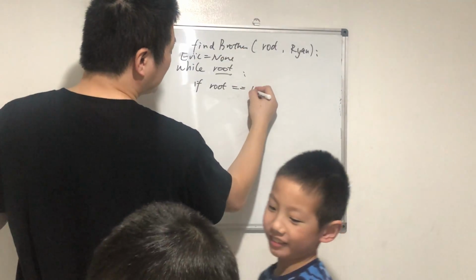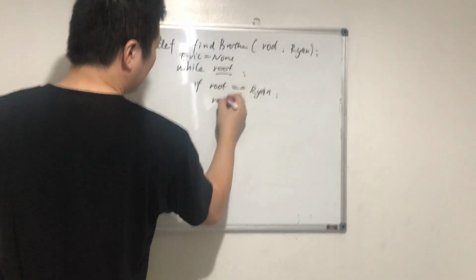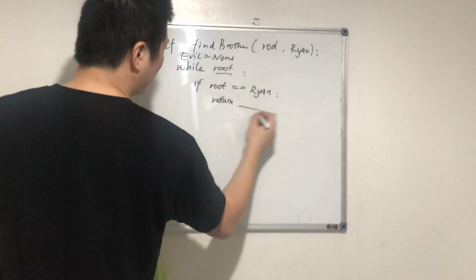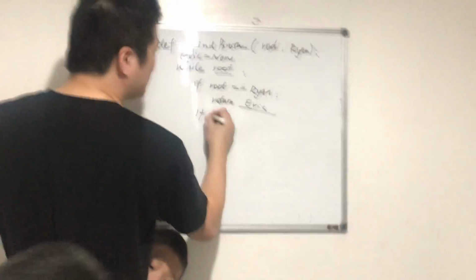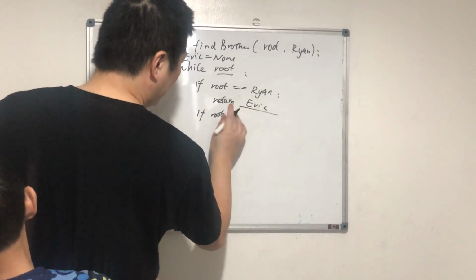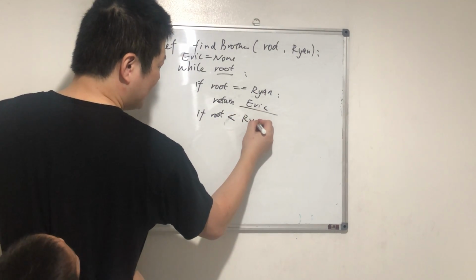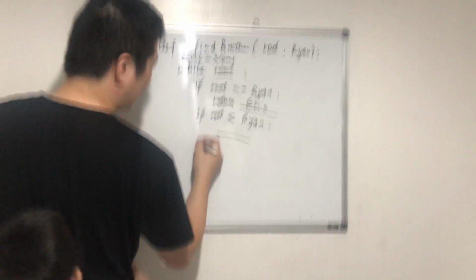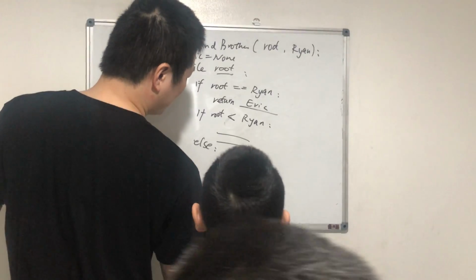If root equals brother, return sibling. If root value is smaller than brother, do this. Else, do this. There are two things here.